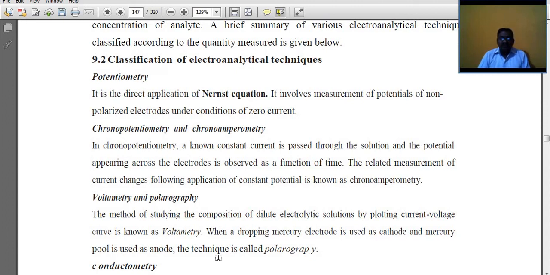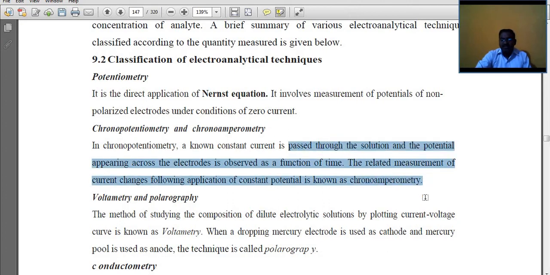In chronopotentiometry, a known constant current is passed through the solution and the potential appearing across the electrodes is observed as a function of time. The related measurement of current changes following application of constant potential is known as chronoamperometry.